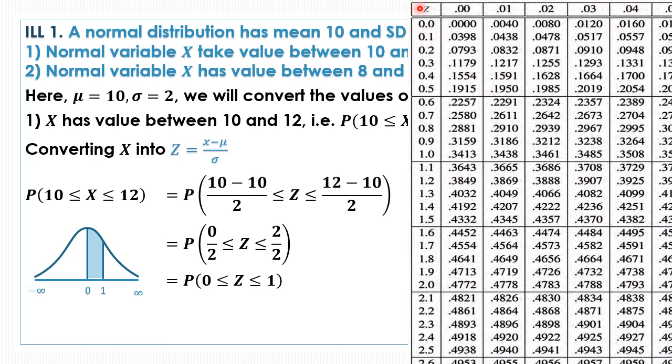So first of all, look at the vertical values. Can you find 1 here? This is 0.0, 0.1, 0.2, 0.3, up to 1.0. So naturally 1 is 1.0. Now we have to check horizontally, and in the horizontal values you will get the second decimal point values.